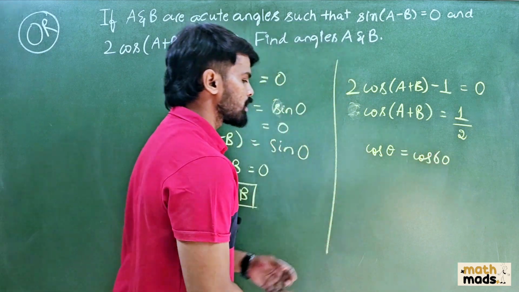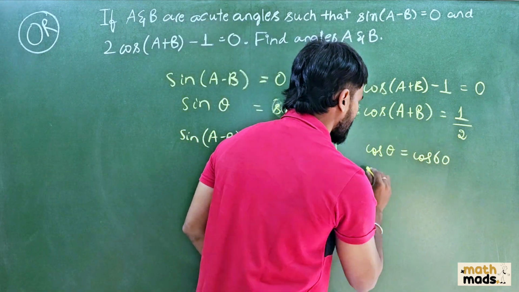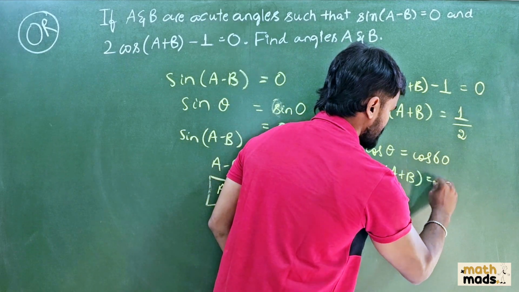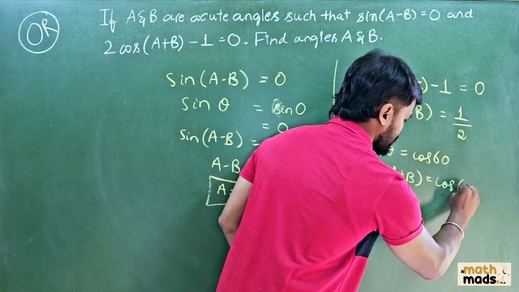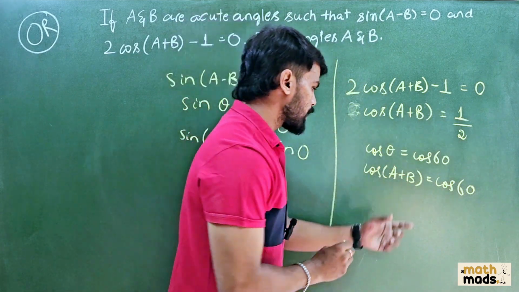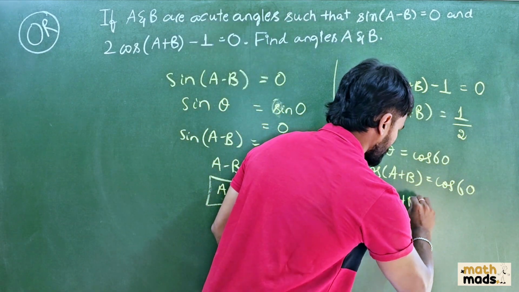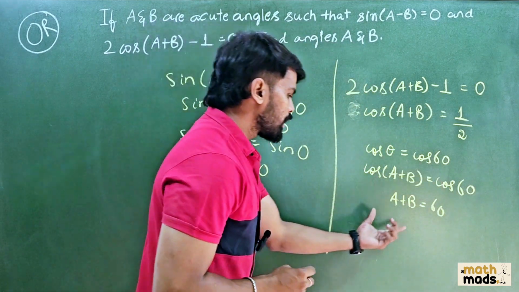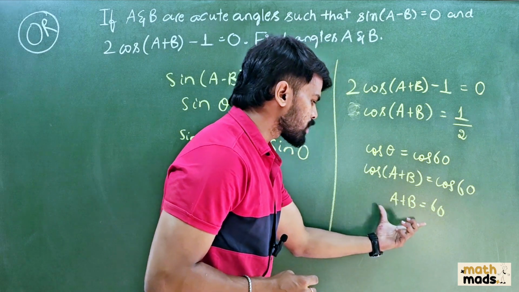So cos theta, cos. So in place of theta, write A plus B now. Cos of A plus B is equal to cos 60. Because cos 60 is 1 by 2. That is what is there in the RHS. So now A plus B is equal to 60 since both the sides cos is there. Now, how do we solve this?